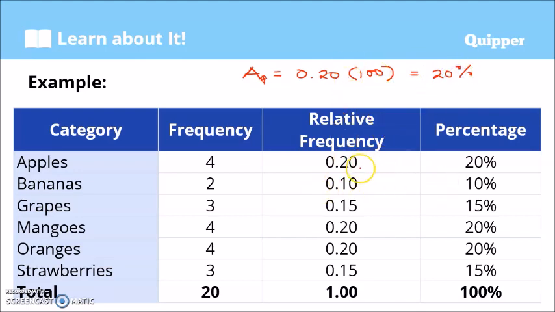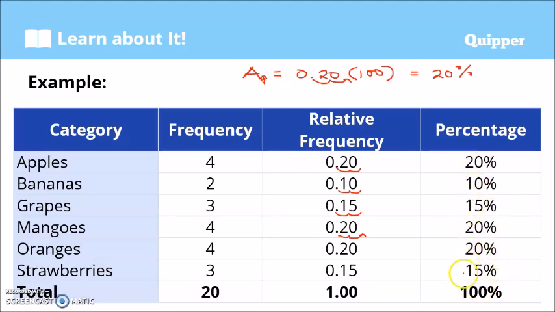Or shortcut natin, i-move lang natin ng 2 decimal places to the right, kasi nag-multiply tayo. So, that becomes 20%. Eto naman, 0.10, 1, 2, so that's 10%. Etong 0.15, 1, 2, that becomes 15%. Yung 0.20, pareho lang din, 20%, 20%, and so on.